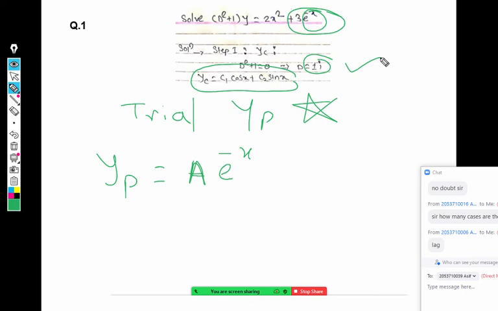Now, what about the YP to select for this quadratic term? Whenever a quadratic term appears, the quadratic expression will be the corresponding trial YP.